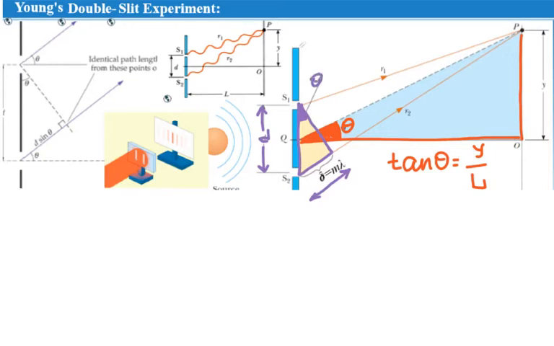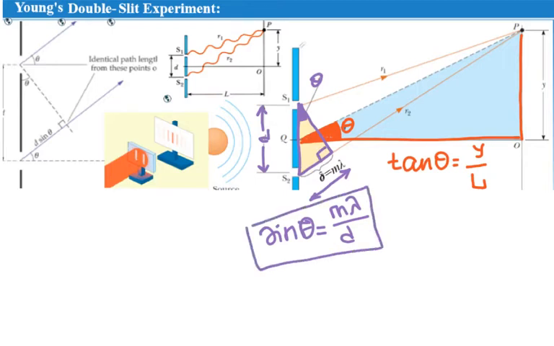And I'm going to say sine theta is equal to its opposite, which is m times lambda, over the hypotenuse, which is the distance d, because this is the right angle. If you take your calculator, I want you to choose an angle that is very small for both tangent and sine.